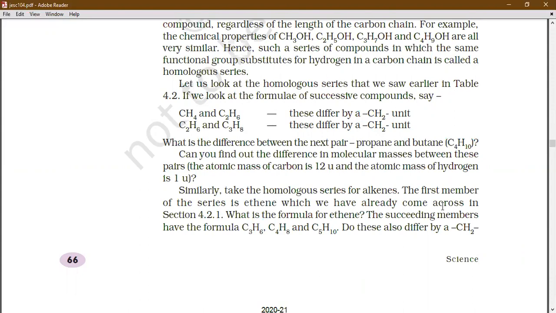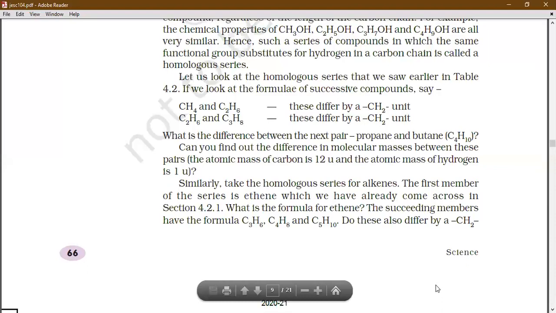Similarly, take the homologous series for alkenes. The first member of the series is ethene, which we have already come across in section 4.2.1. What is the formula for ethene? The succeeding members have the formula C3H6, C4H8, and C5H10. Do these also differ by a CH2 unit?